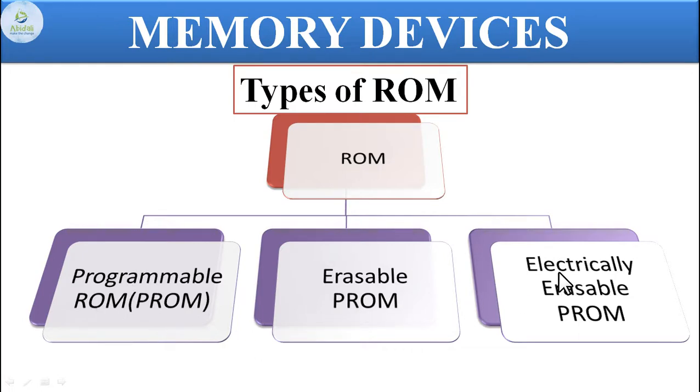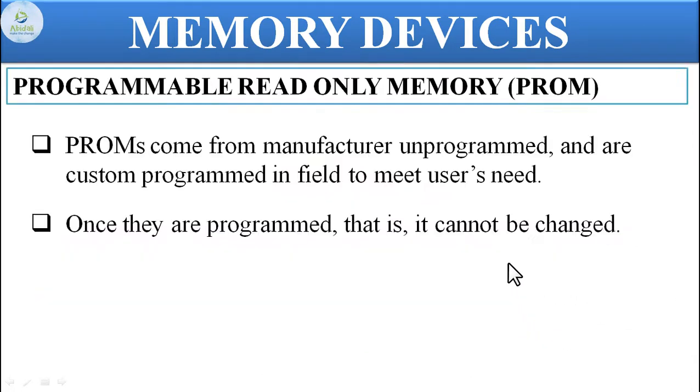Then you have EEPROM, electrically erasable programmable read-only memory. Once again, PROM stands for programmable ROM, EPROM for erasable programmable read-only memory, and EEPROM for electrically erasable programmable read-only memory. These are the 3 kinds of ROMs that we have in the classification in the syllabus.